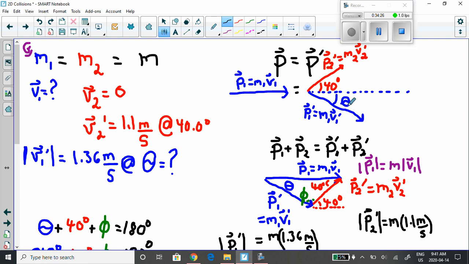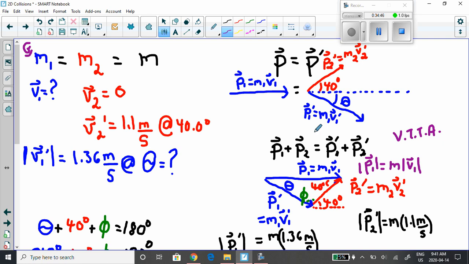So I need to find a way to add the blue vector and the red vector and make them equal to the original vector. Well, kids, the only way I know how to add these vectors in a diagram is vector tip to tail addition. And that's what I've done here.